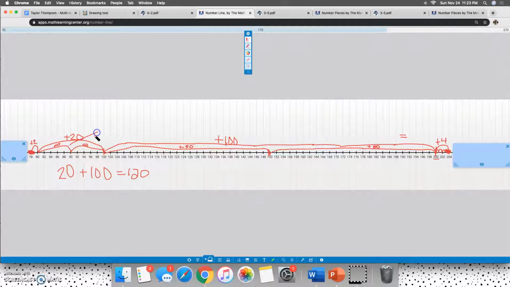Then they will notice that 120 plus 2 equals 122. And then 122 plus 4, which is the last jump, is 126. And they will see that 126 is the number that they're looking for. Now, this is a counting on strategy, like I said. The students can also use a counting back strategy as well, but this is the counting on strategy.